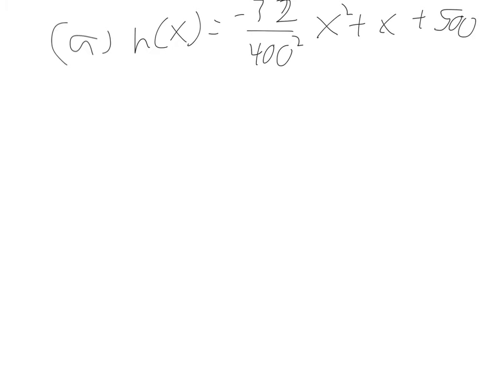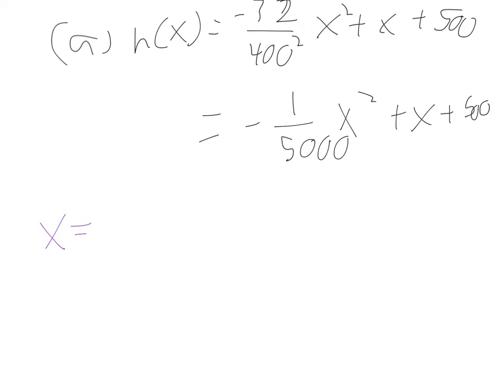Alright, so for part A, it might help if you go ahead and simplify the leading coefficient. This negative 32 over 400 squared would just be negative 1 over 5,000, x squared plus x plus 500. So remember, since it's facing downward, the vertex would give you a maximum. The formula for the x-coordinate of the vertex would just be negative b over 2a.